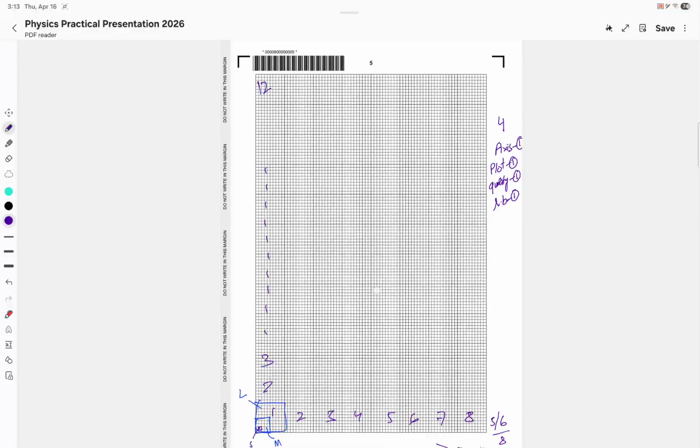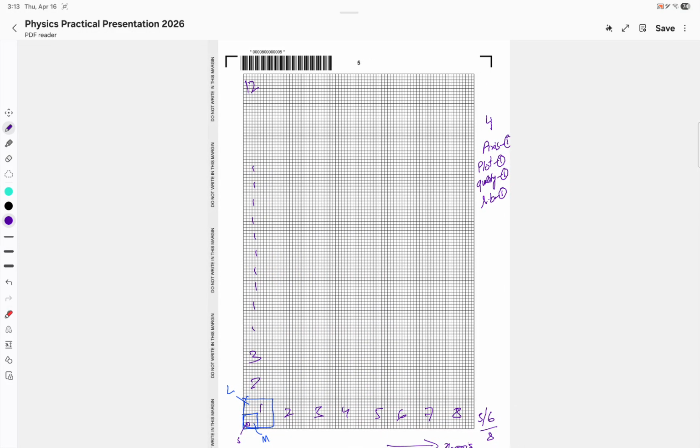Similarly on the y-axis, out of 12 you should cover 8 boxes at a minimum, or in case of emergency even 7 boxes. But going below 6 out of 12, there is a huge chance of losing the axis mark. You should remember this.